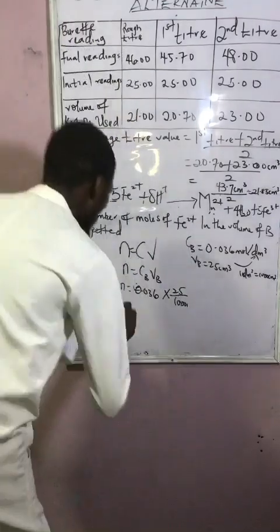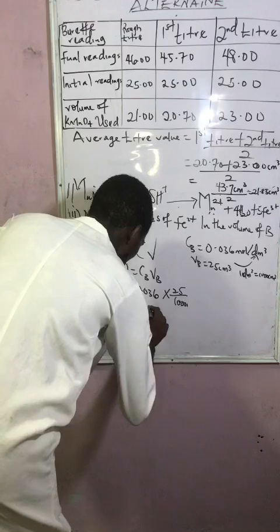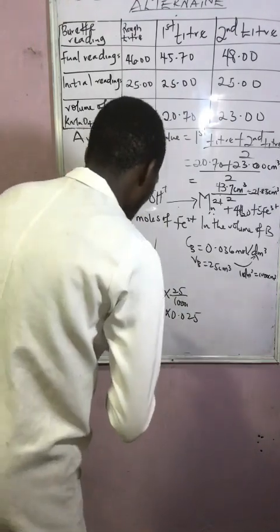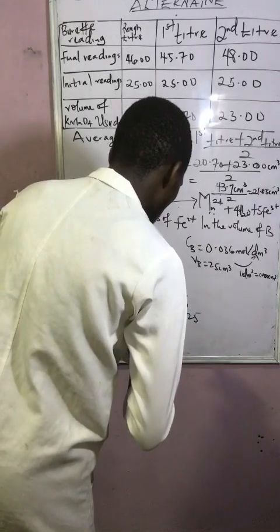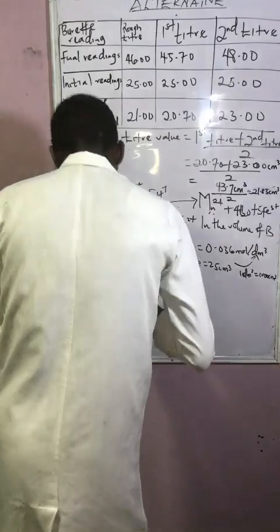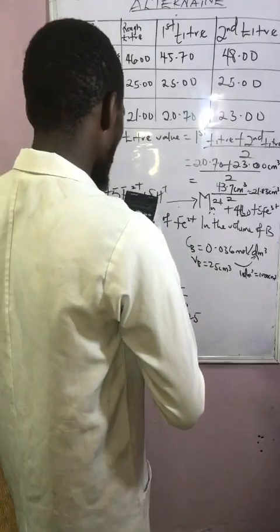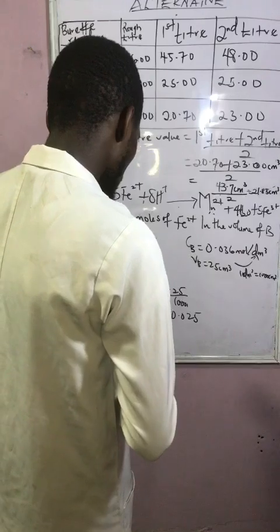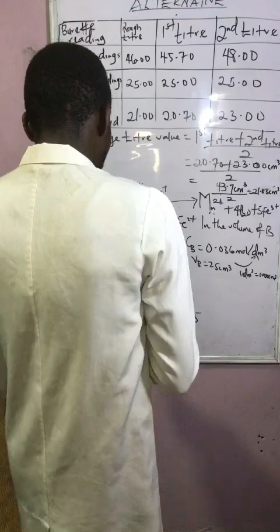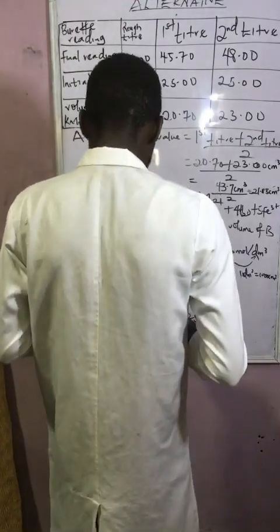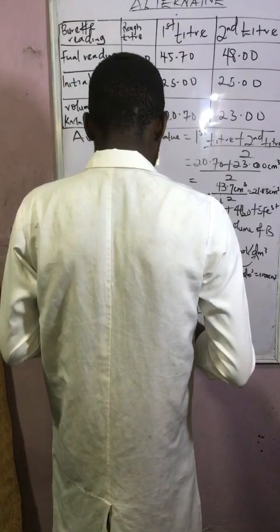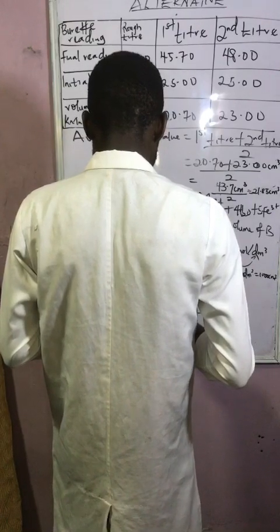So we have n equal to 0.036 multiplied by 0.025.